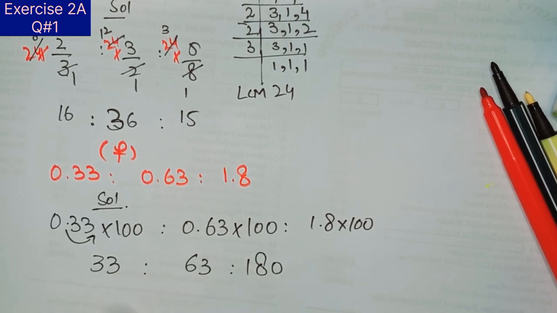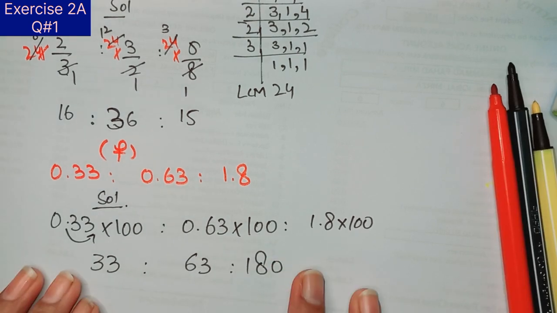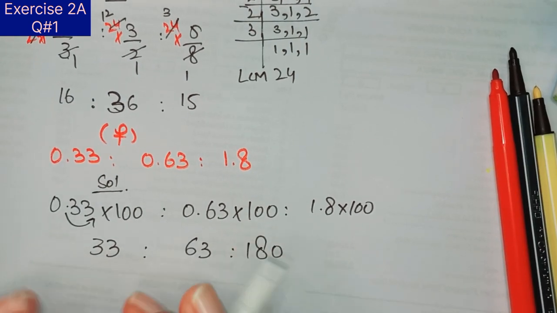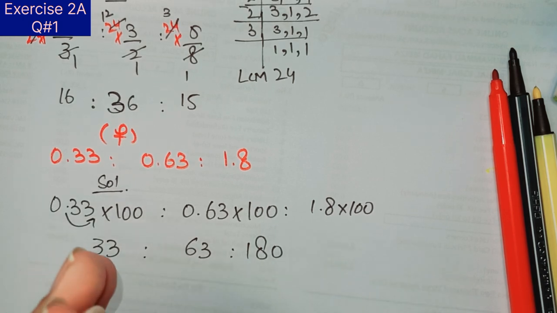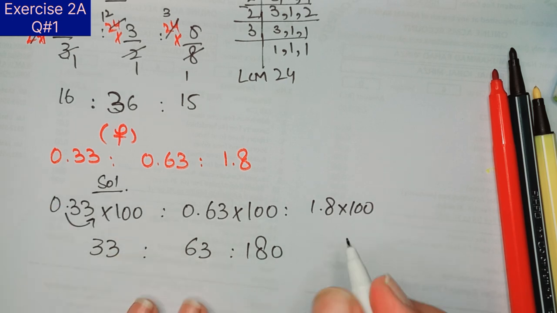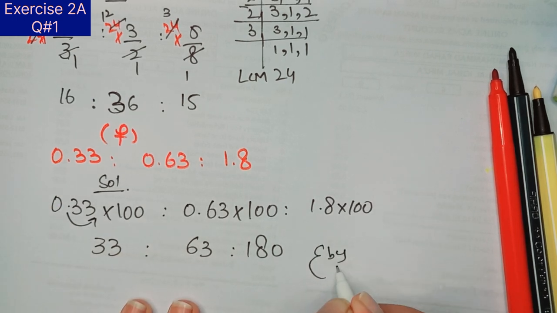So now we can simplify it. हम इसे simplify अगर कर सकते हैं तो हम इसे simplify करेंगे. So 2 से तो ये simplify नहीं होगा. Let's check कि 3 से simplify होगा. 3 plus 3 is 6, 6 plus 3 is 9, 8 plus 1 is 9. So we can simplify it with 3.